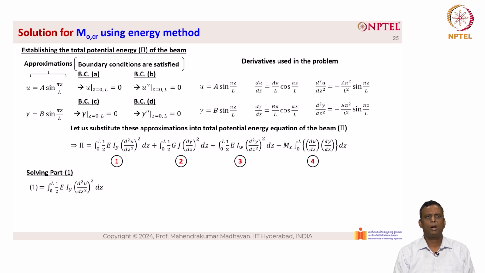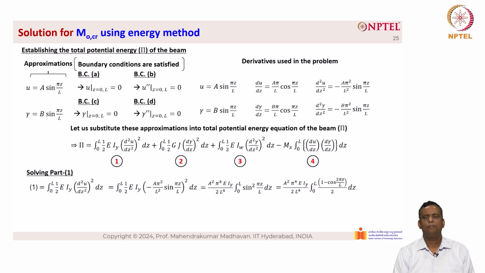So let us solve part 1, which is the integral from 0 to L of 1/2 EIy (d²u/dz²)² dz. When we substitute the values here, we get the constant times the integral from 0 to L of sin²(πz/L) dz. We have A² π⁴ EIy/2L⁴ times the integral from 0 to L of (1 − cos(2πz/L))/2 dz.